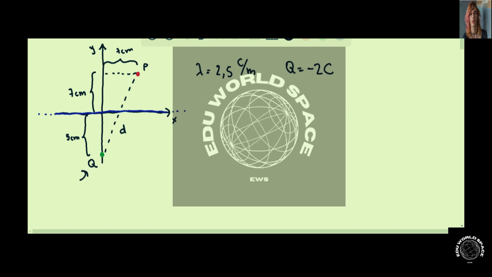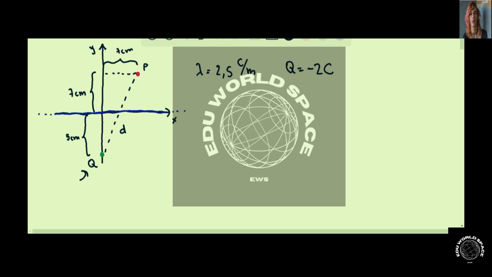To do this, we are going to sum the contribution, or the vector sum, of the two fields produced by both of these charges.